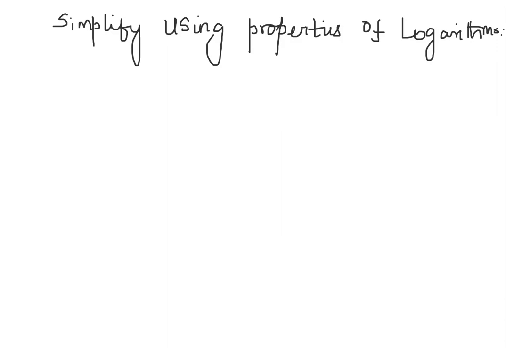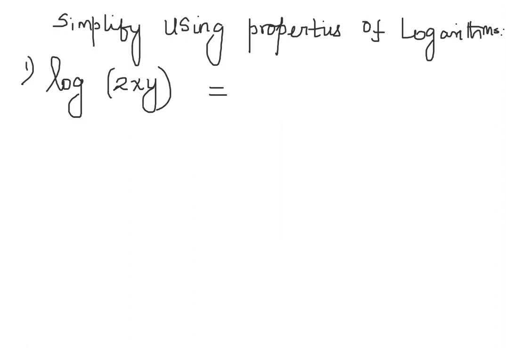So number one, we have log of 2xy. Since it's a multiplication, which means product, here there's no base. We know that if there is no base, the default base is 10. So we have to apply the product rule. So each one you're going to add, plus log y.